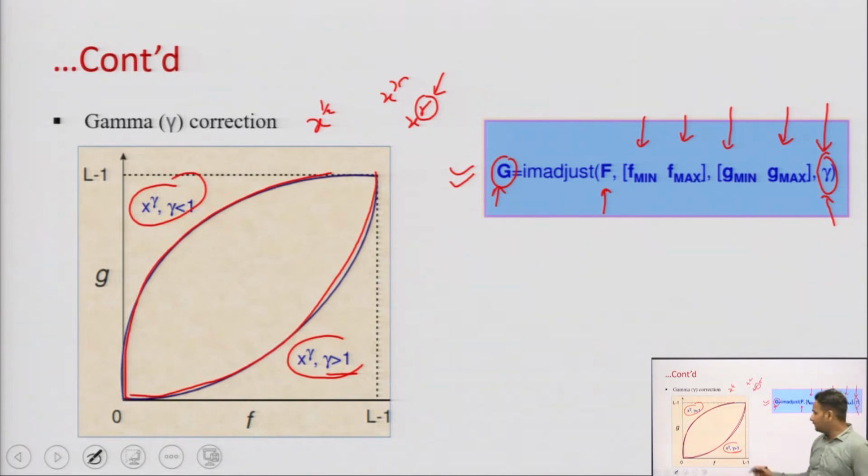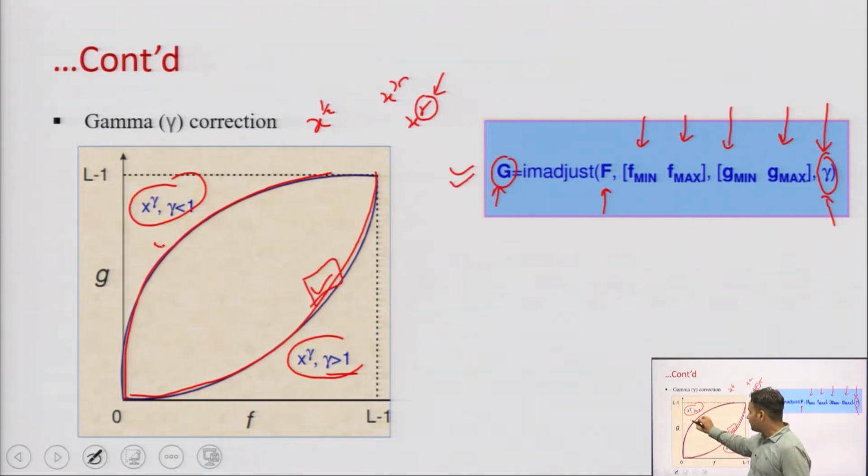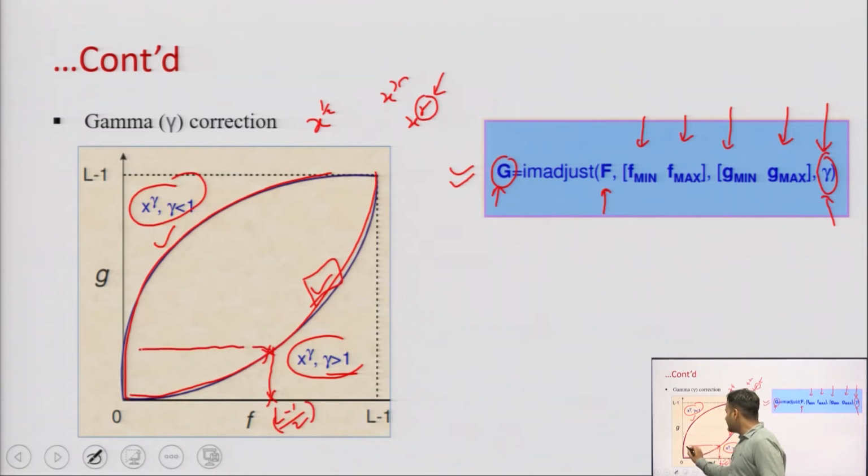If gamma is high, then your function looks like this. You may observe the significance of this function here. Choose one point: if f is at this particular location, let me consider that to be (L minus 1) by 2, and g is lower than this point.